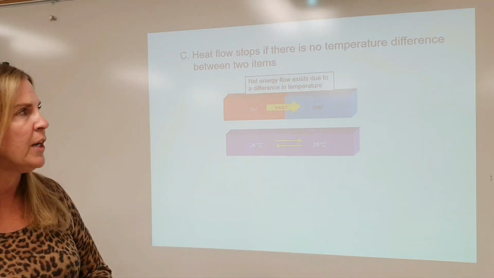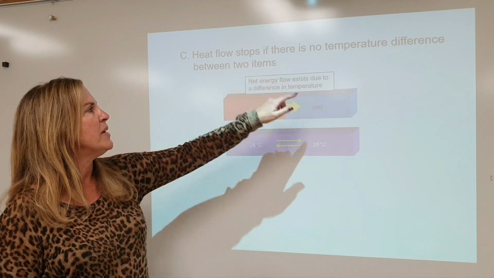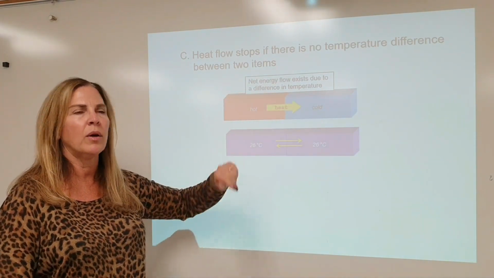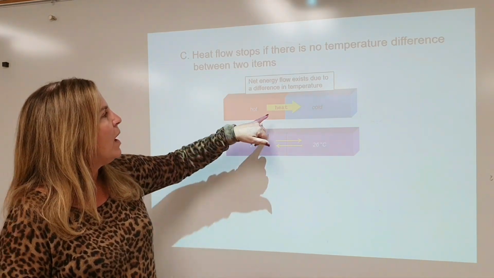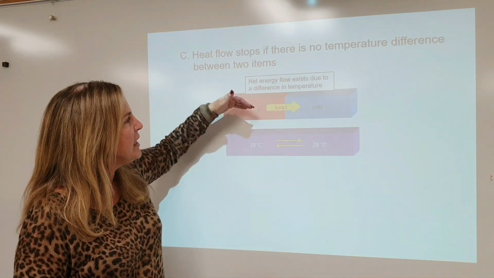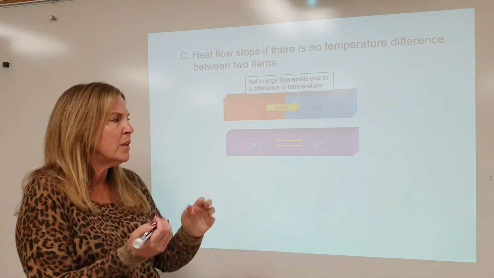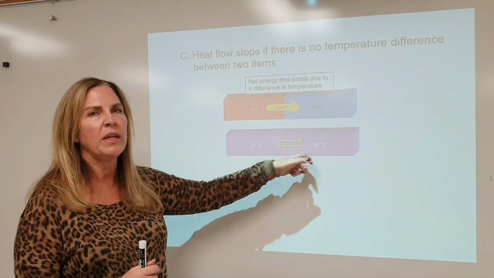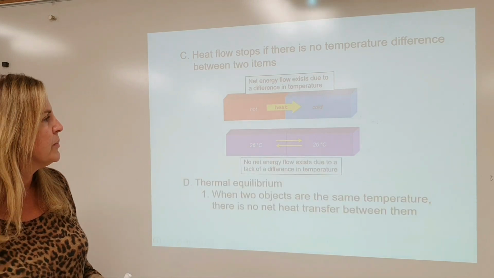So great graphic here. Again, take a look. Here is our hot, and this side is cold. And we assume we have a permeable membrane here, or they're in contact with each other in some way. And the heat is going to flow from the hot to the cold until the two sides reach what we call thermal equilibrium, because now they're both the same temperature.